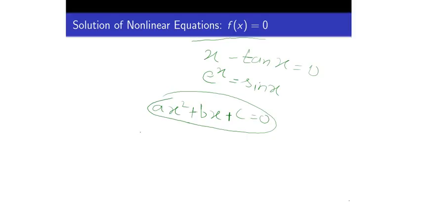In fact, you have a formula that the roots are x equals minus b plus minus square root of b square minus 4ac, divided by 2a.